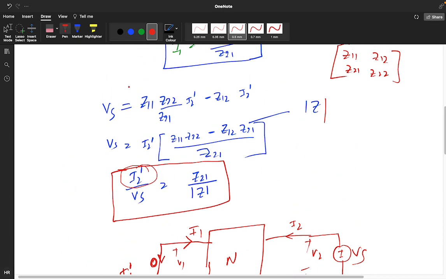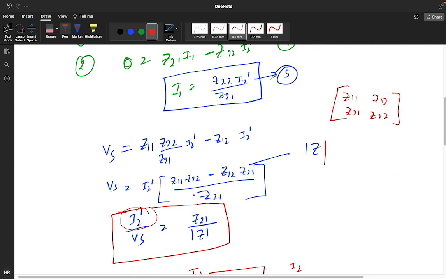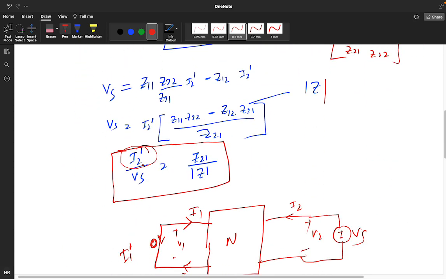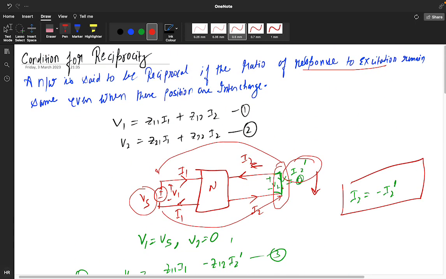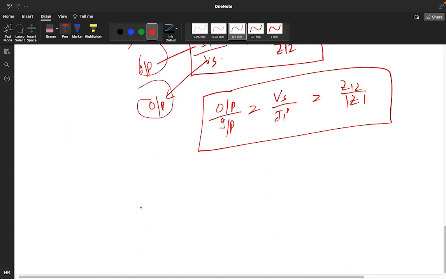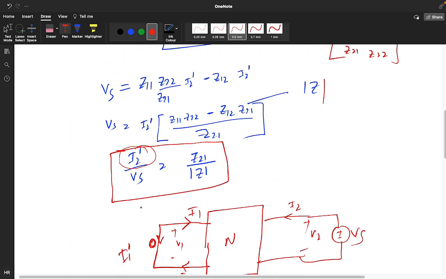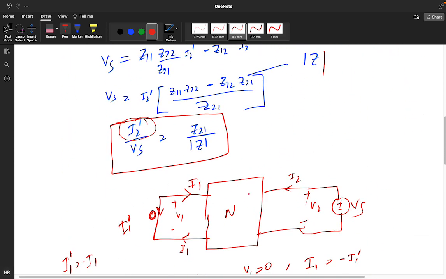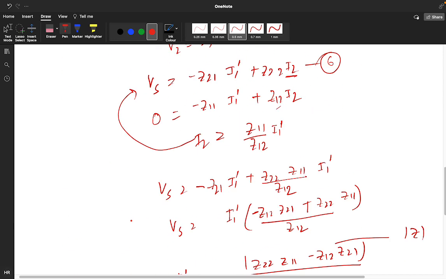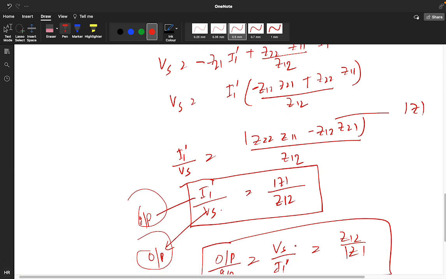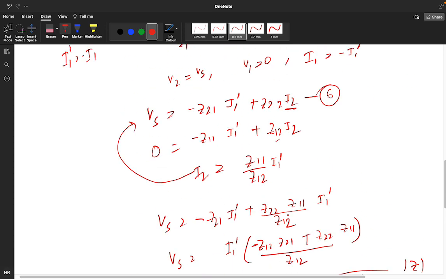In the earlier case, I2 dash is our output and input was V of S. In this case, output is V of S and input is I1 dash, so output upon input is V of S divided by I1 dash.